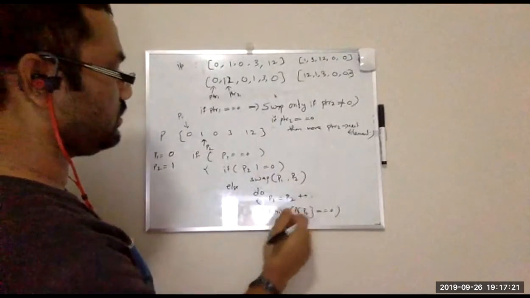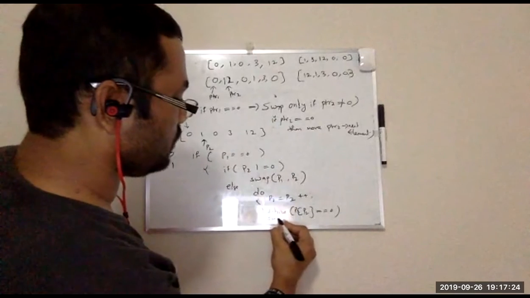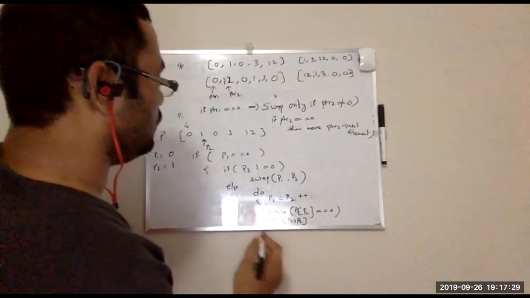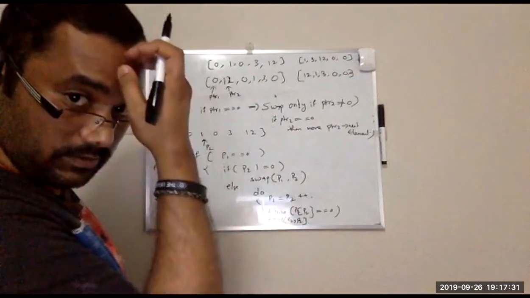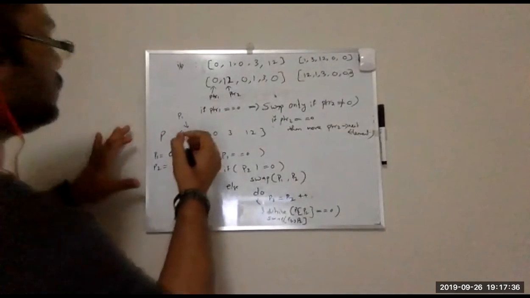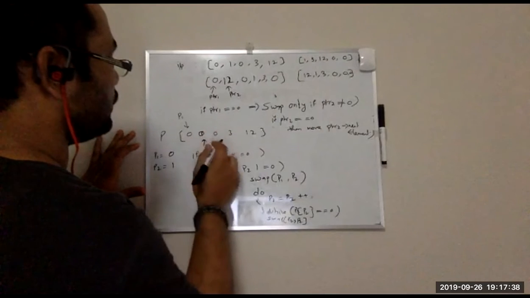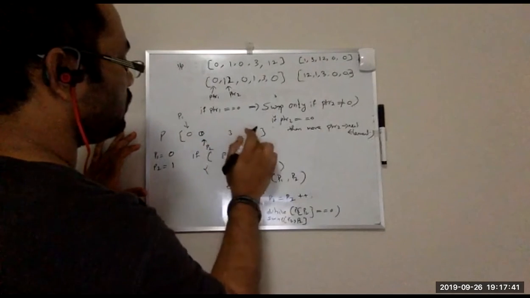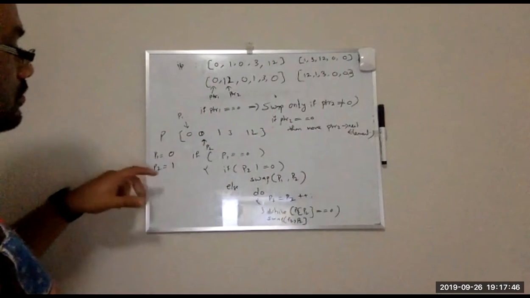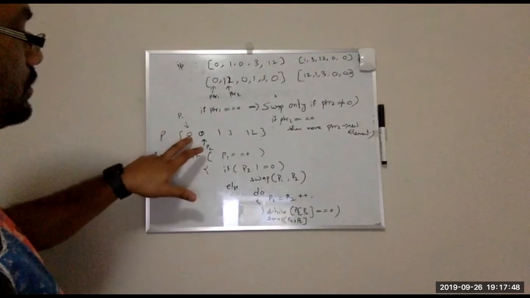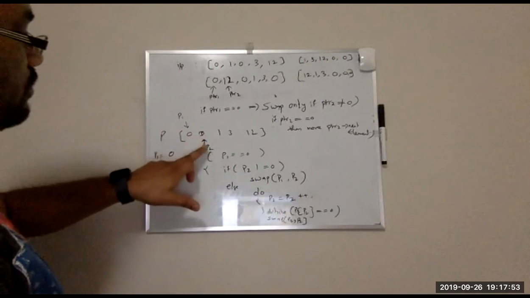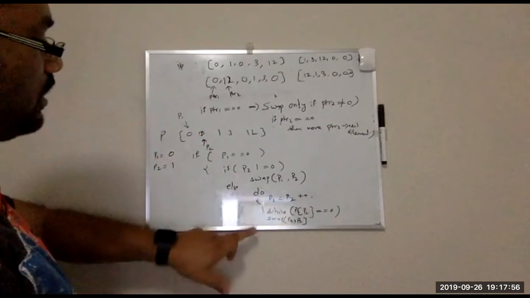Once we have found it, we again do a swap function, swap P1 comma P2. Now say for example our P2 is 0 here, and we have 1 here. Now I'm checking if P1 is equal to 0 and P2 is not equal to 0. If P2 is not equal to 0, this goes into the while condition.